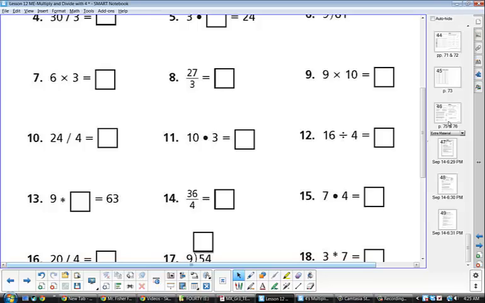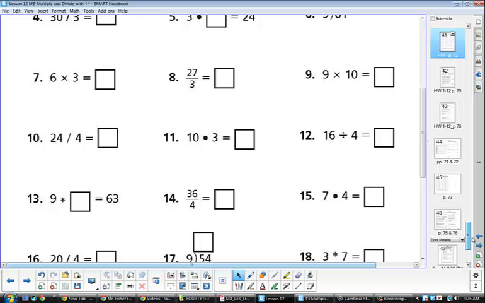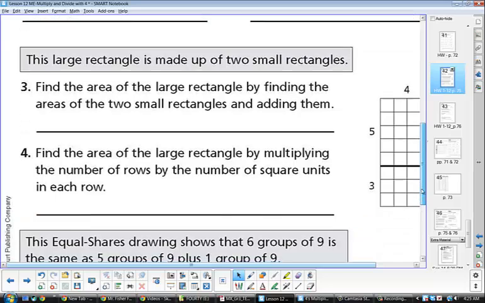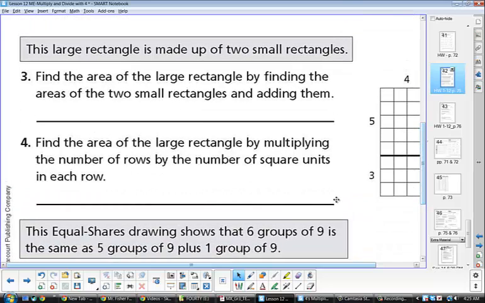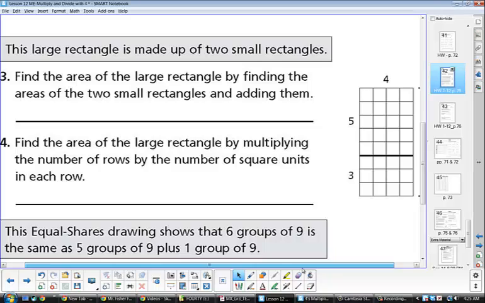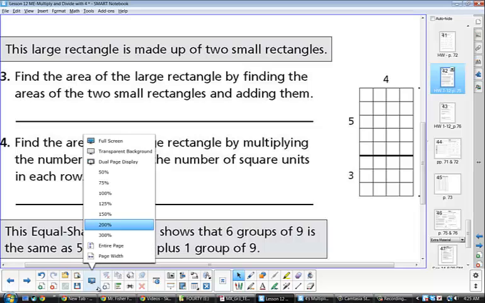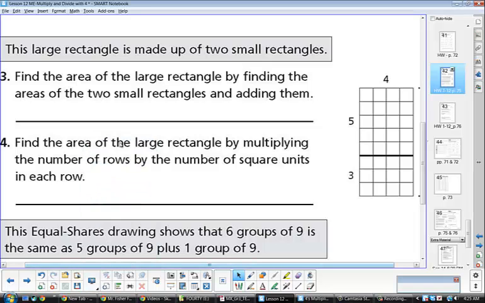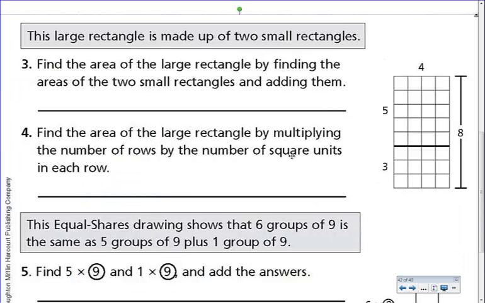And this one is on page 75. Let's look at page 75. Okay, to do this one, find the area of the large rectangle by finding the areas of the 2 smaller rectangles and adding them together. Let's see if we can get this to show us. Okay, there's the problem. Pause it, and then I'm going to explain how you can do this.